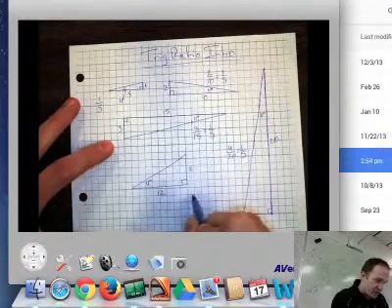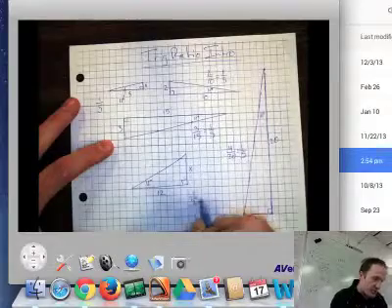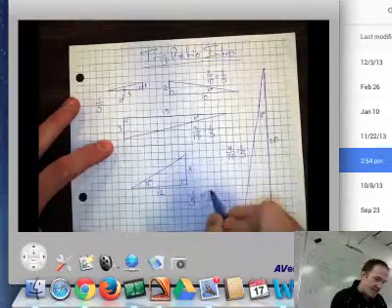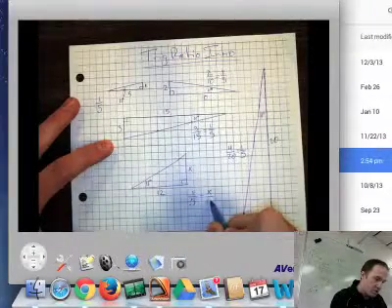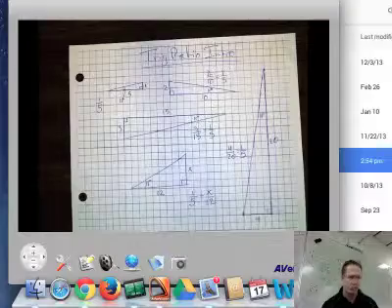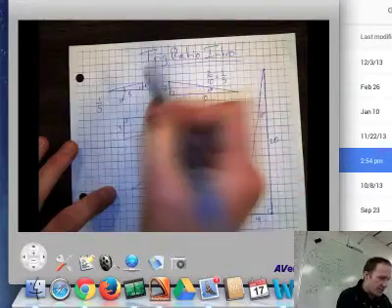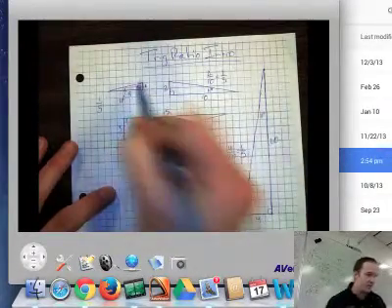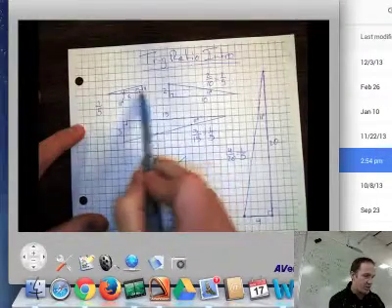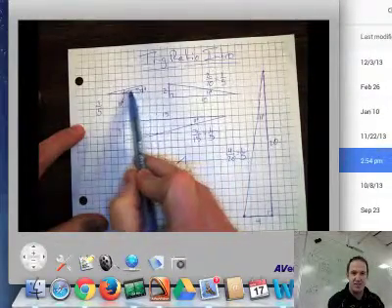We can set up a proportion because we know that if we go x over 12, that has to equal 1/5. Now, how do you know which one to put on top, x or 12? Well, in all these triangles, the side that was opposite the 11-degree angle went on top. So here, 1 is the side that's opposite the 11 degrees.